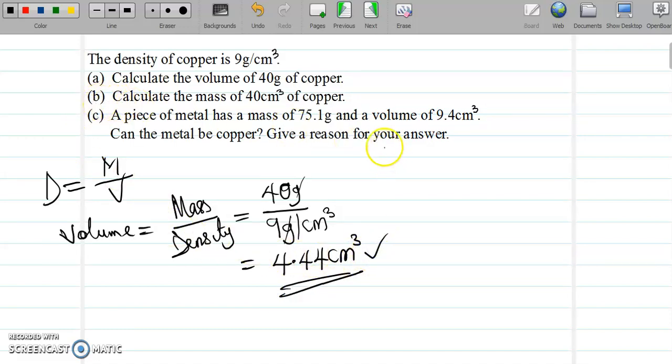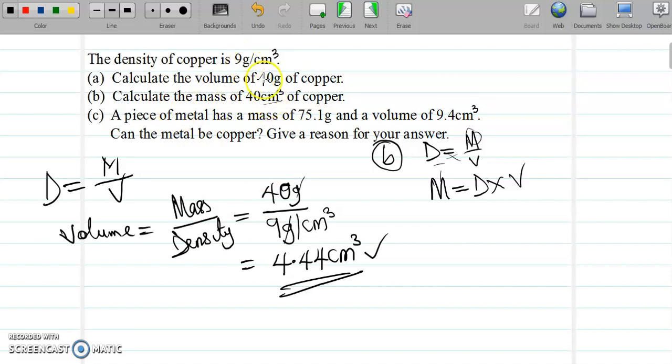The B part says, calculate the mass of 40 cm cube of copper. Cm cube is volume. We are asked to calculate the mass. We know that density gives us mass over volume. If we are asked to calculate the mass, we cross multiply. So mass will be density multiplied by volume.